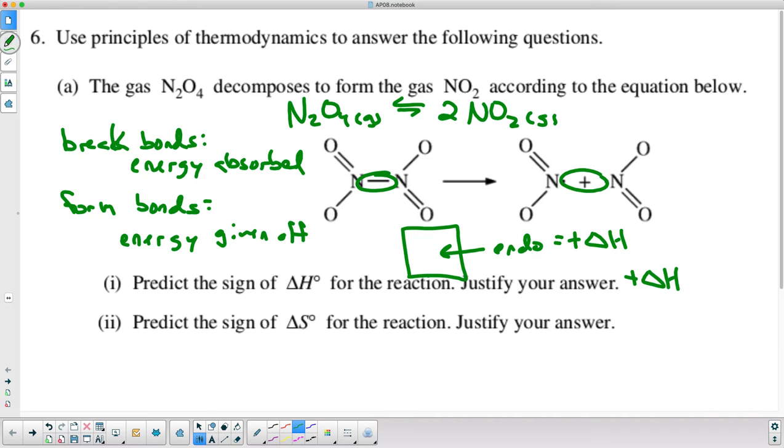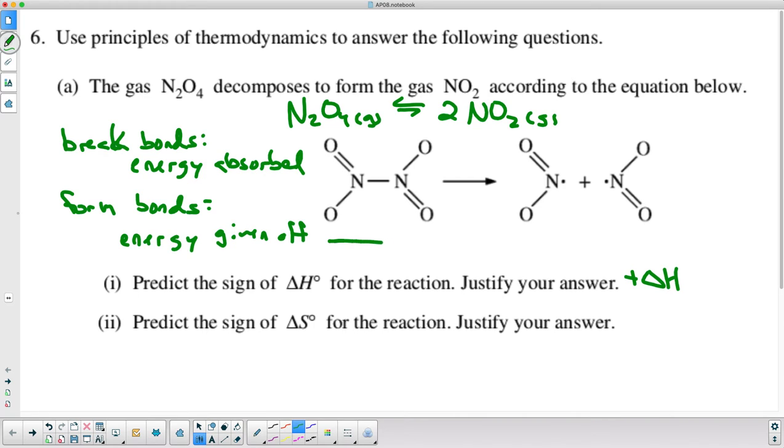Predict the sign of the delta S for the reaction. Justify your answer. Again, we need to look to see what's going on here. Notice that we have one particle here, but on this side I have more than one particle. When I increase the number of particles, I increase my delta S. Let me say that one more time.